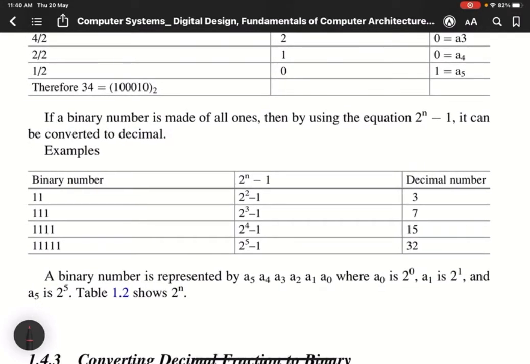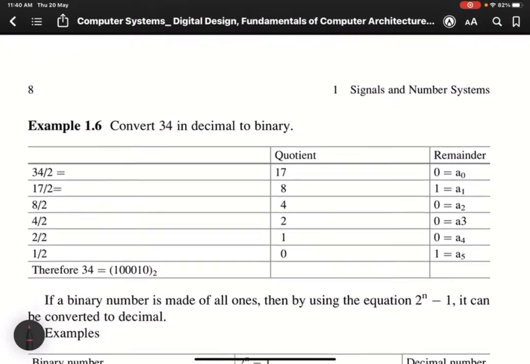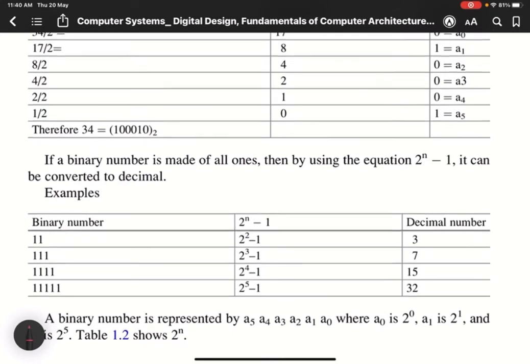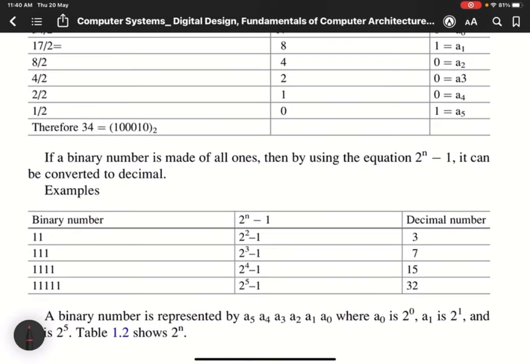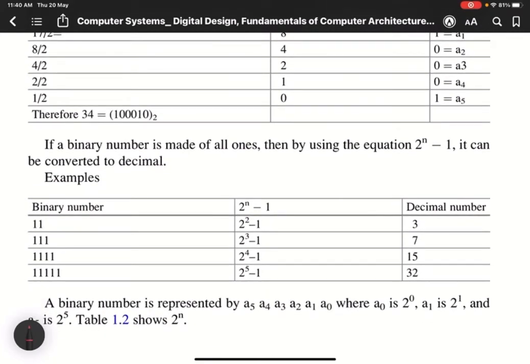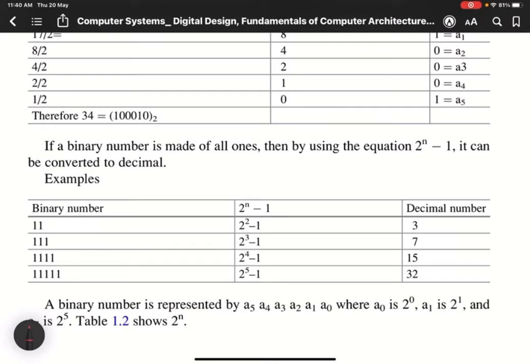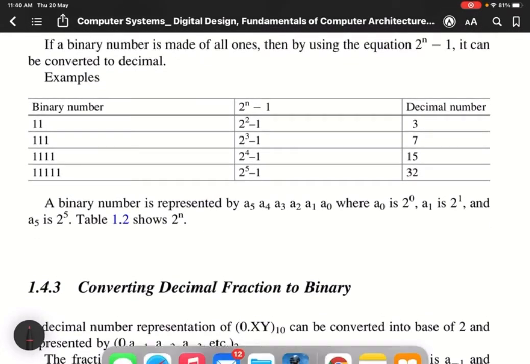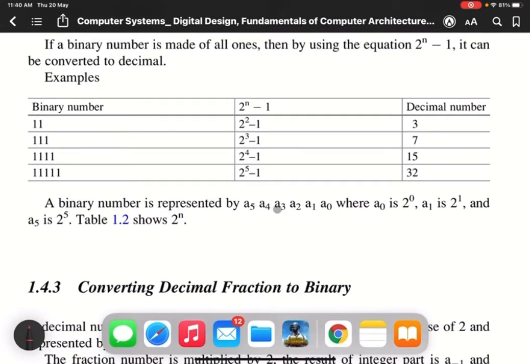So, kung ang i-convert mo raw na decimal ay sa palagay mo, no, ay puro 1, okay? Then you will use the same formula, no, na diniscuss natin sa taas. So, binary number is represented by, yan, as we have shown sa ating example.